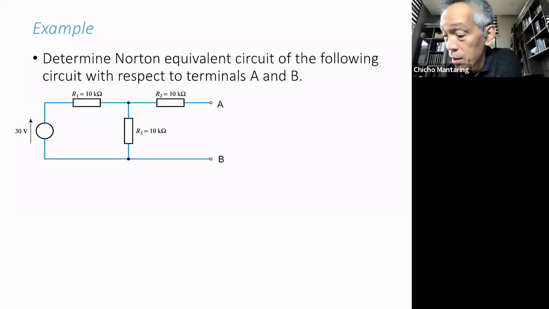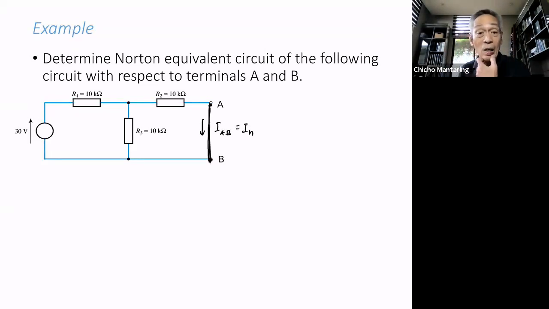To get I sub n, I short these two together, and the current IAB that will flow is equal to I sub n, my Norton current. How do you solve for IAB? Madami na kayong techniques na alam para dyan.